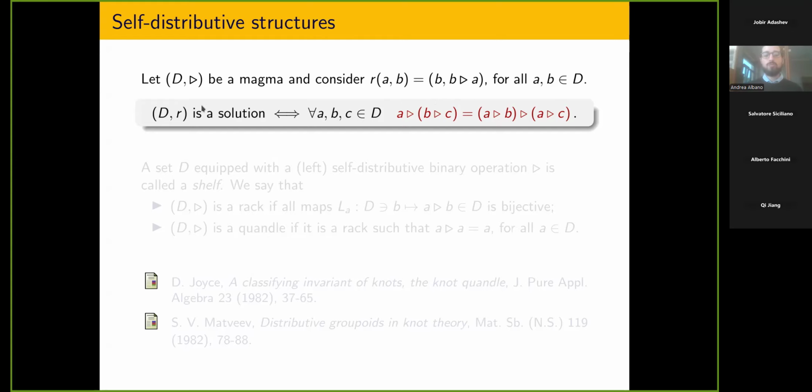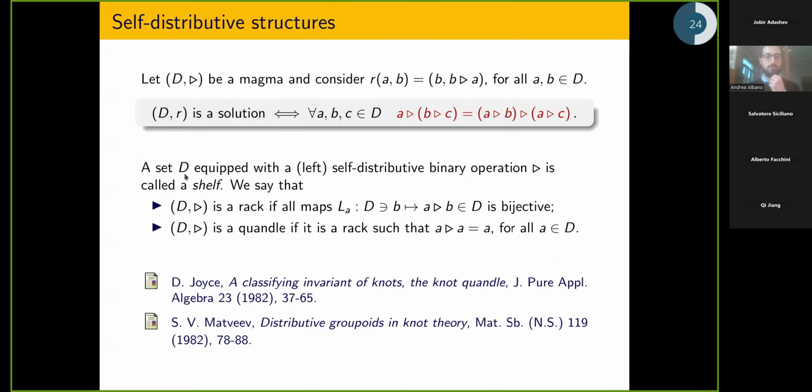Okay, so there is this class of solutions that comes from what is usually known as a shelf. More specifically, given a set D together with such a binary operation, triangle, we say that the triangle is a shelf if and only if it satisfies this equation on screen in red.